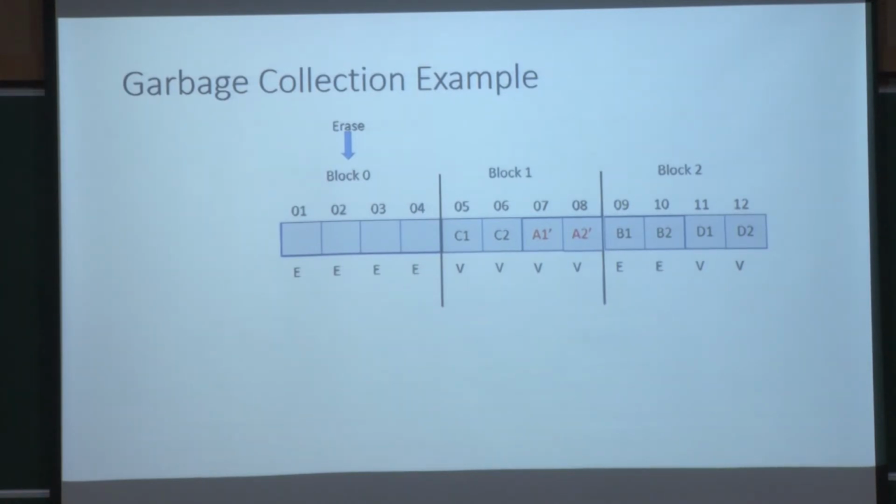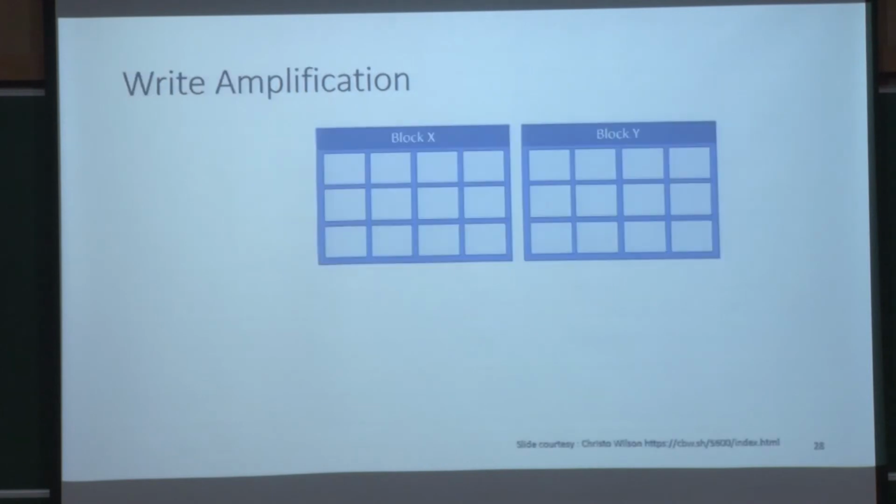So this periodic probing and figuring out how many blocks are left and whether we should go out and get some more free blocks is another job of the flash translation layer. All right?